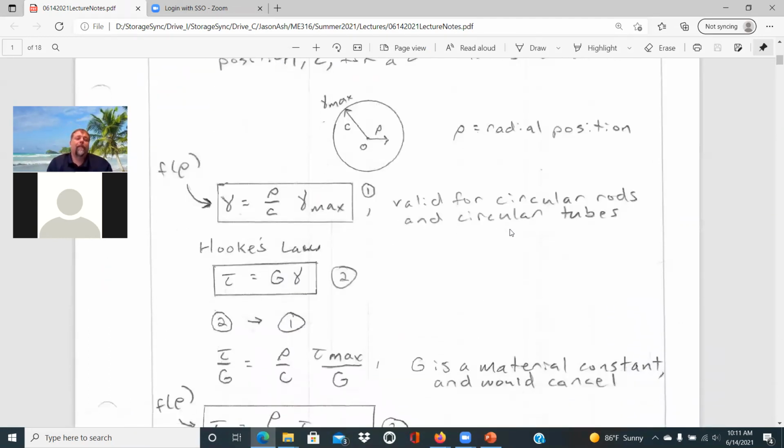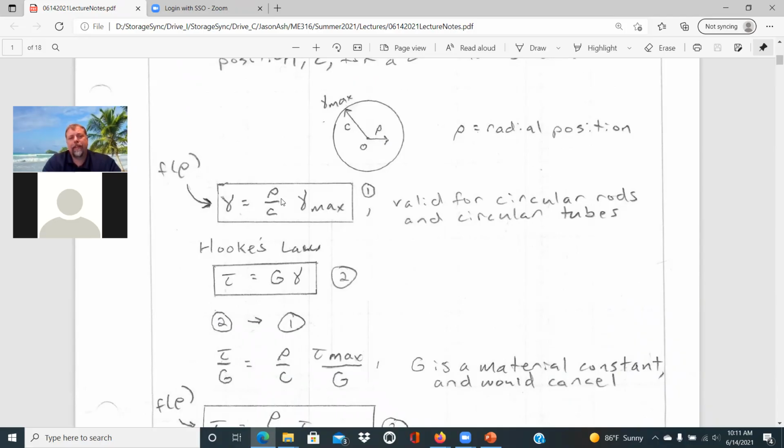But that's generally what a torque or torsional loading will do, will cause that twisting motion that will result in a shear strain. And so if we take a look at that concept, realizing that there's going to be that linear distribution, we can define the shear strain as a function of that radial position.